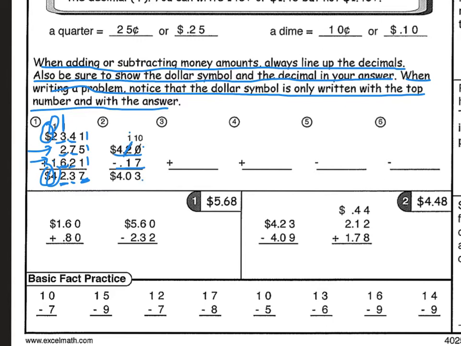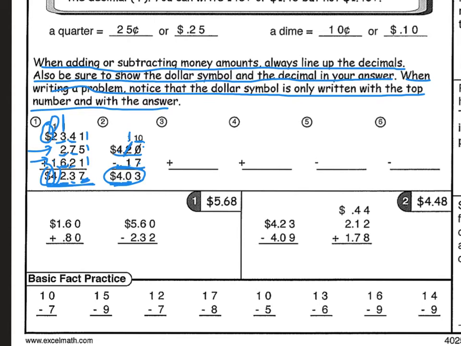They got rid of the 2 dimes, made it 1 dime, and the 0 pennies became 10 pennies. 10 pennies minus 7 pennies is 3 pennies. 1 dime minus 1 dime is no dimes. $4 take away no dollars is $4. Notice they put a dollar sign on here and a decimal point, just like they did on number 1, and that's the answer.